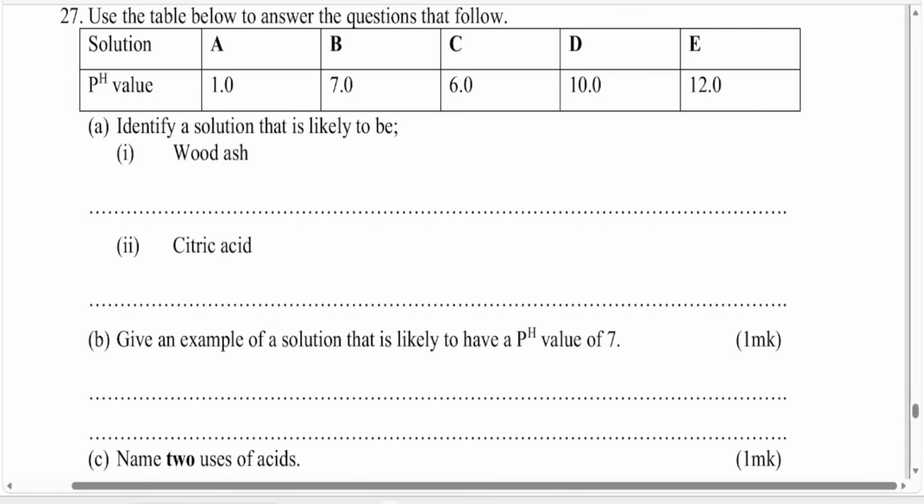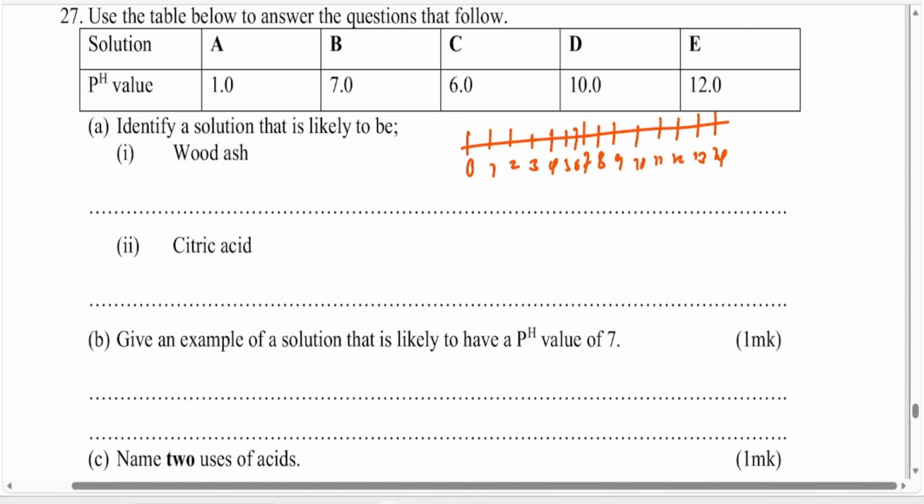We know we have what we call the pH chart or pH scale, which runs from 0 to 14. So we have 0, 1, 2, 3, 4, 5, 6, 7, 8, 9, 10, 11, 12, 13, 14.